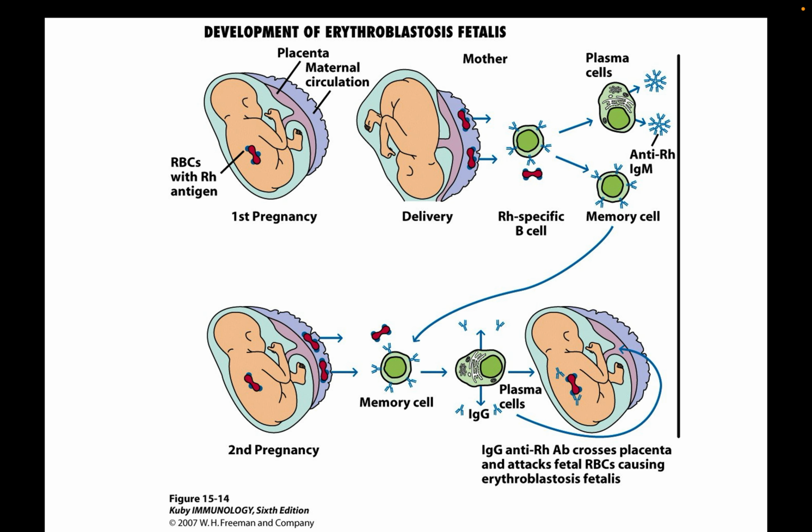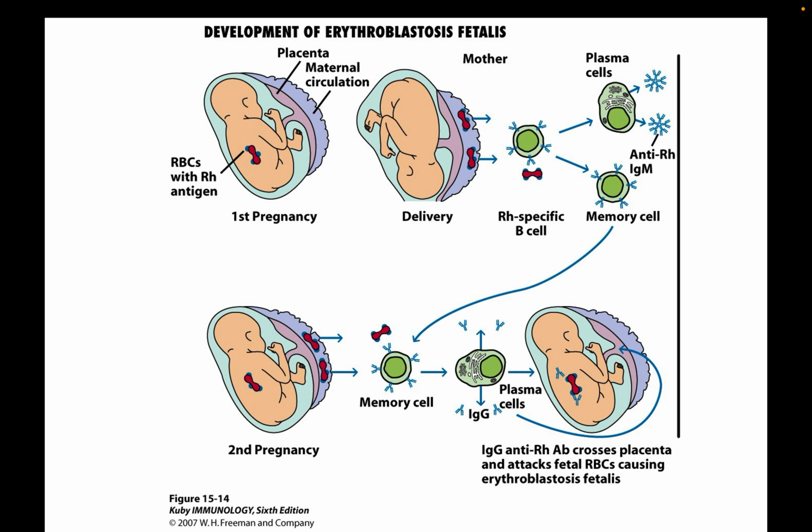For those who don't know what the Rh antigen is, you either have it or you don't. This is why people are O positive or O negative, or A positive or A negative. The negative sign is whether we have this Rh antigen or not. People are either born with or without it.